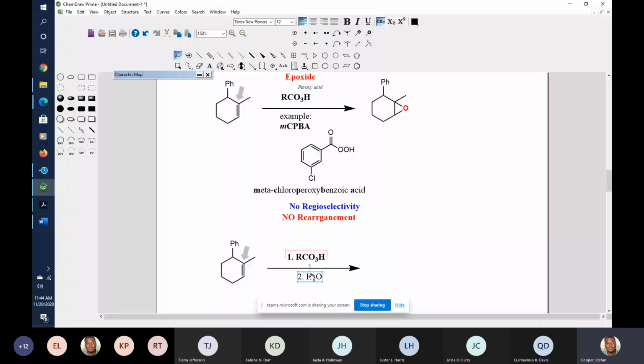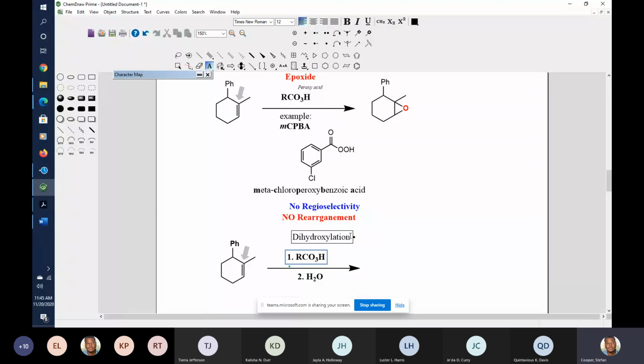Did anyone figure this out? Hydration. It's kind of in the hydration form. Does anyone have any other clues? All right. These two steps together are known as a dihydroxylation.